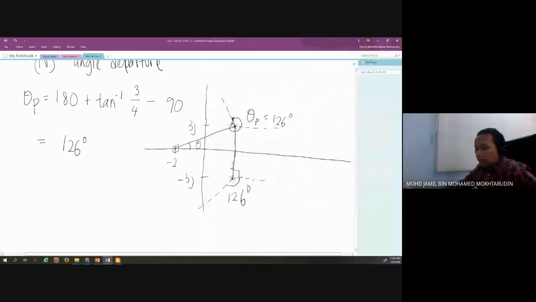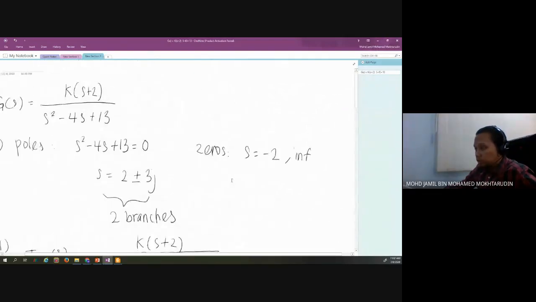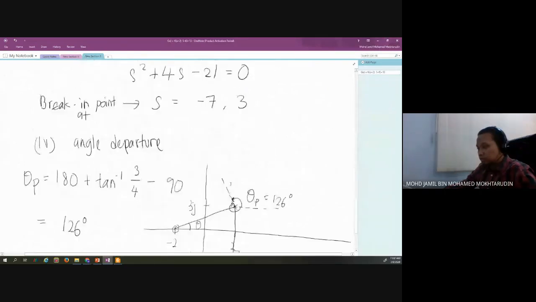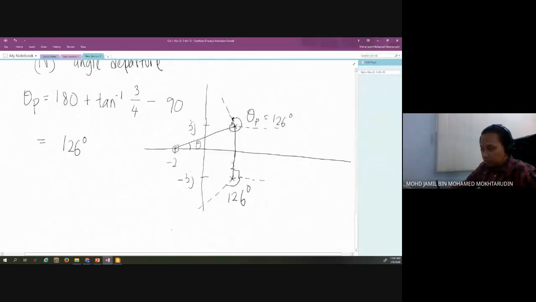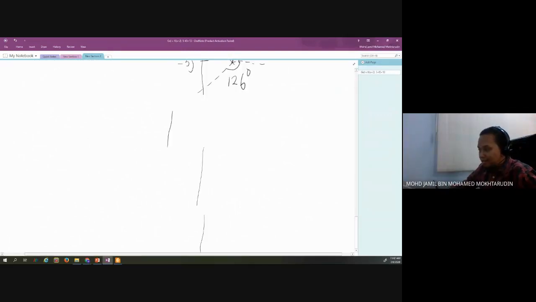Okay, now we sketch the root locus. So the first step you need to do is to sketch the poles and zeros.